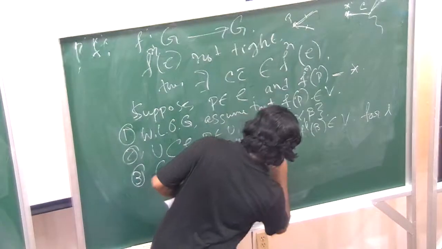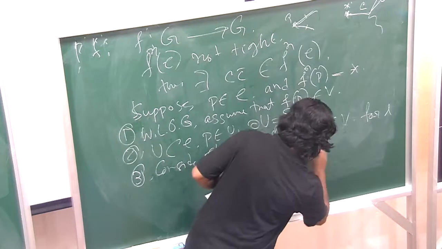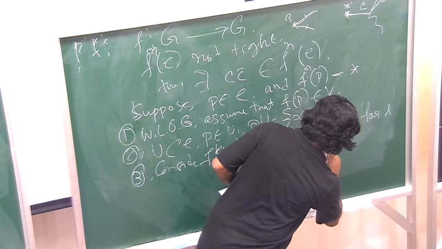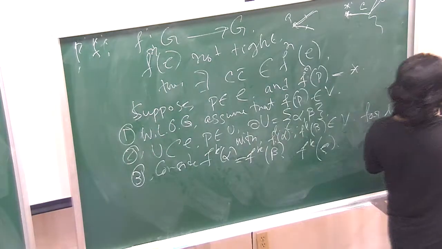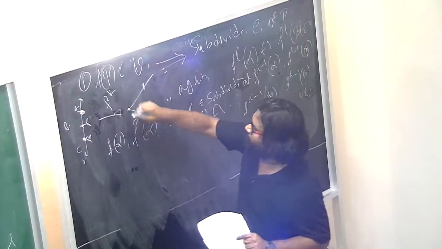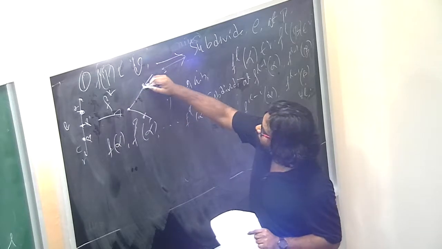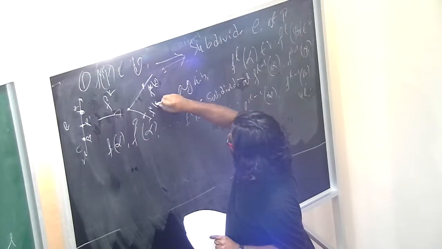Another condition I can consider is if f to the k of alpha and f to the k of beta are the same inside my initial edge. So that is f^k of alpha, f^k of beta.